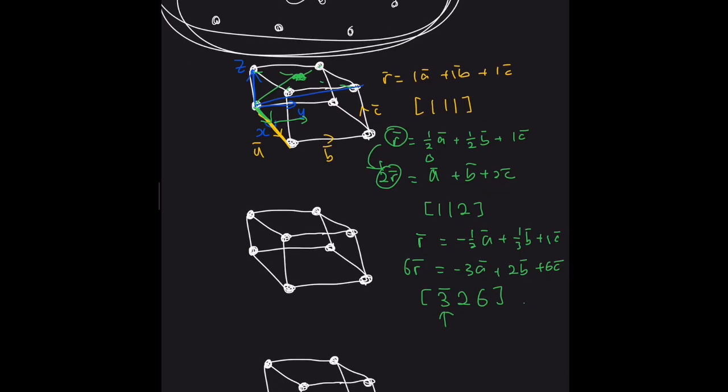So we can't really say that the position of, let's say, this point is necessarily 1, 1, 1, because in a crystal lattice, all the lattice points are the same, because we define them to repeat periodically through space. So our origin can be at any point.